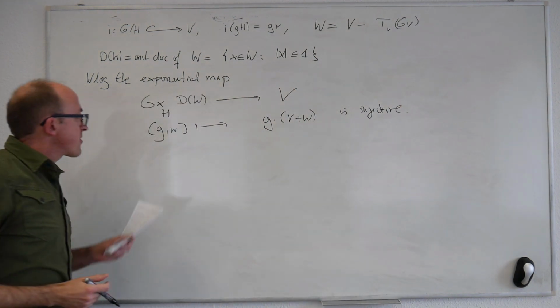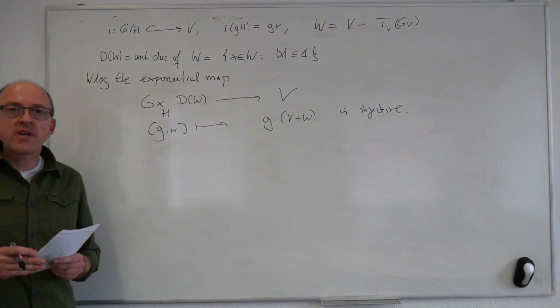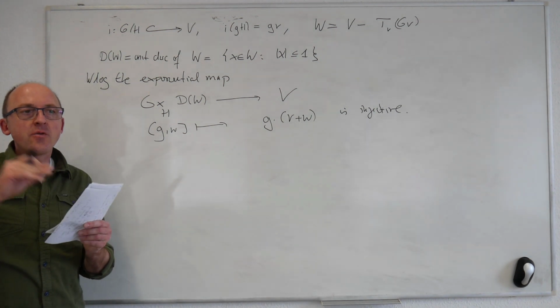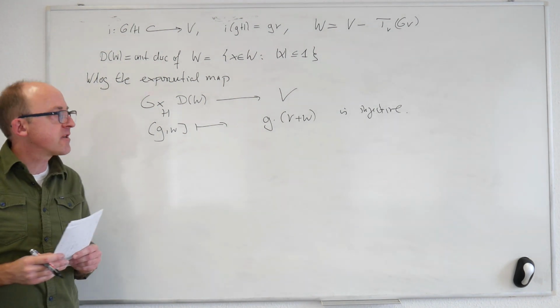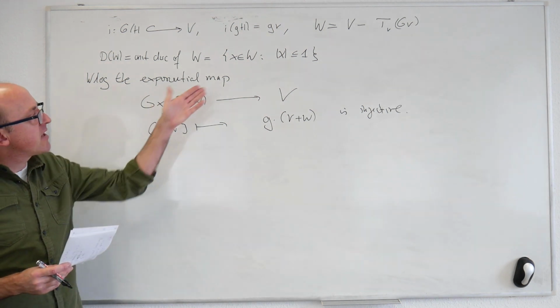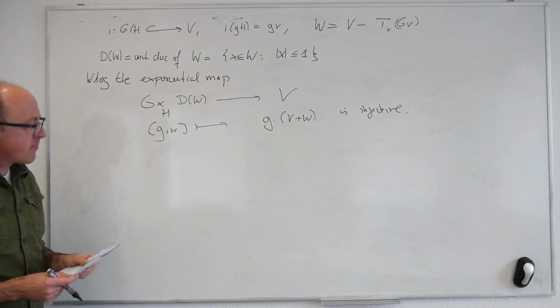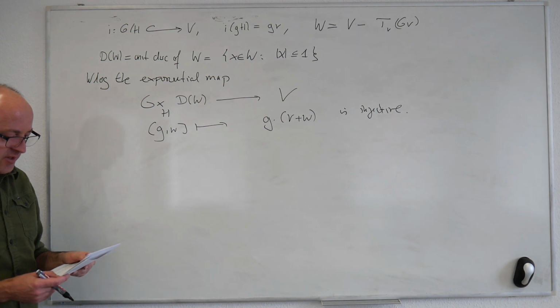So if the vector lies too close to the origin, then if you're less than length 1 away on different points of the orbit, you might get the same point. So to avoid that, we multiply little v with some large enough number, and then we can arrange this injectivity property.